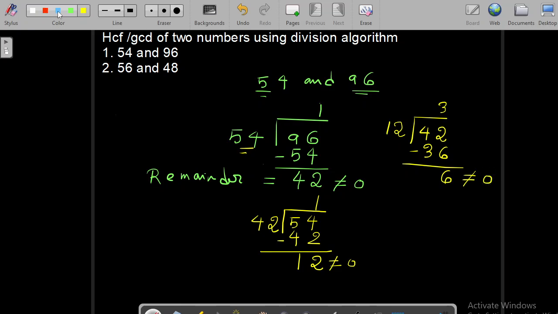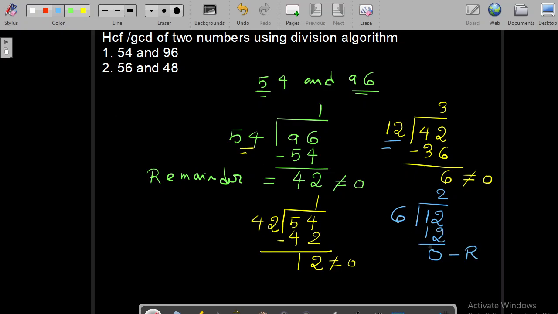Since the remainder is again not equal to 0, we proceed. We take the smaller number, 12, and we divide it by the remainder, 6. So 6 twos are 12. So here the remainder is 0.